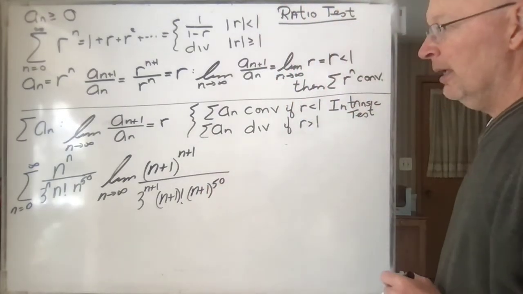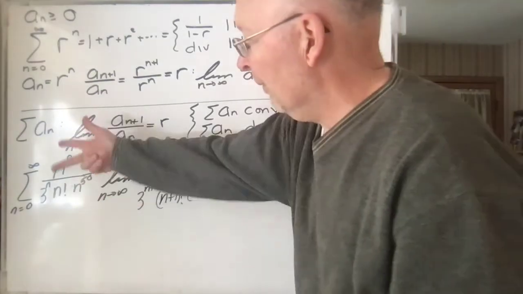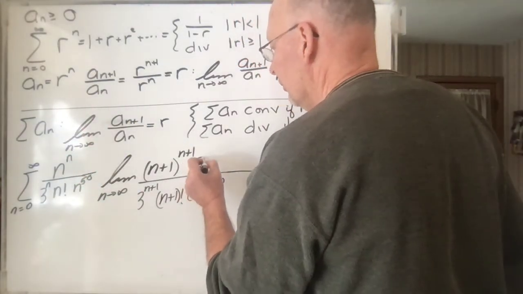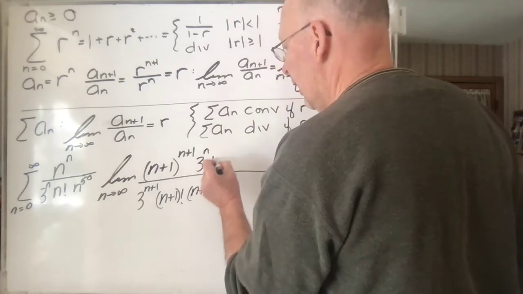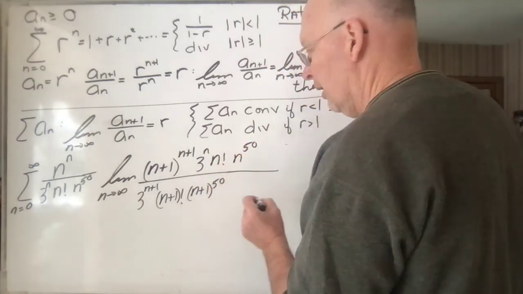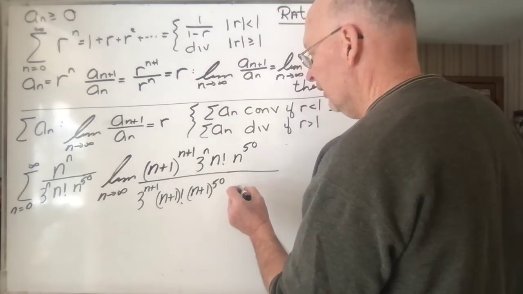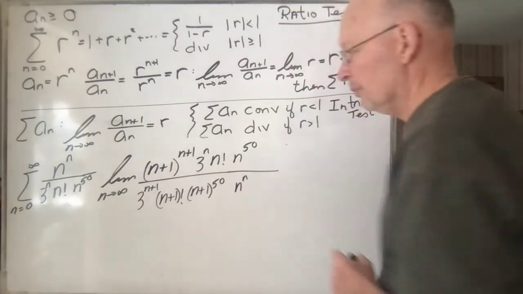Now it's going to be divided by the other thing, so I have to flip everything over and put it in the numerator. So it's going to be 3 to the n, factorial, n to the 50th, and then n to the n down here.